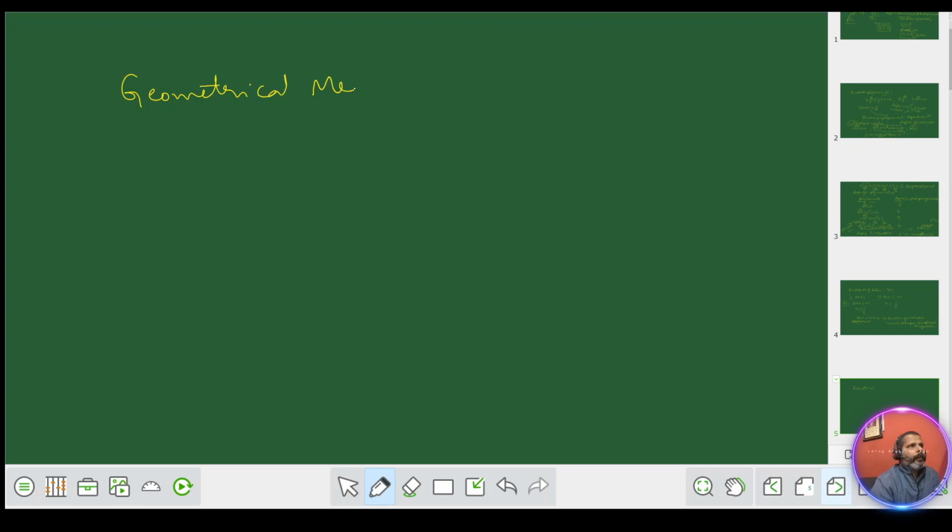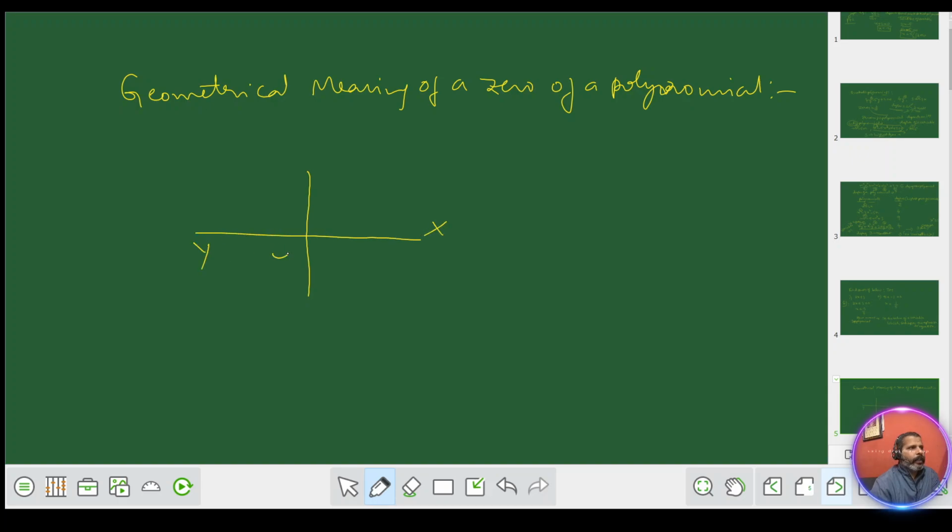Geometrical meaning of a zero of a polynomial. Let's take a graph here. Say this is the x-axis, this is the y-axis. Axes will not terminate, so make sure you put an arrow here. x dash, and y dash.